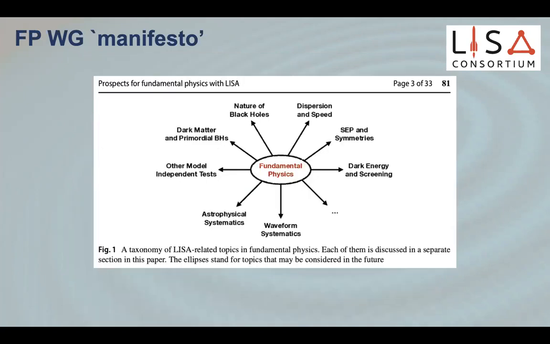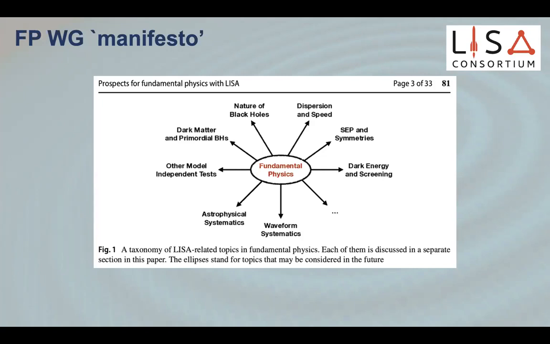And this is sort of an overview of that paper that came out of the workshop, where you see various arrows emerging from fundamental physics, ranging from more cosmologically oriented fundamental physics questions like the nature of dark energy or the nature of dark matter, to pure gravity or traditionally pure gravity topics like the nature of black holes, the dispersion, symmetries, equivalence principles, tests of equivalence principle, and so forth.